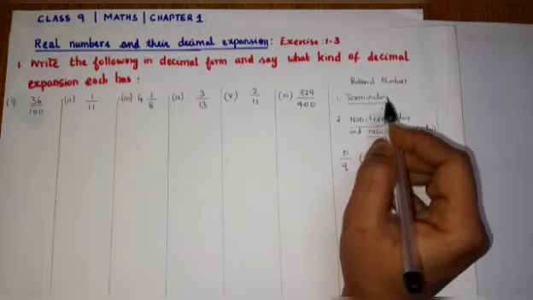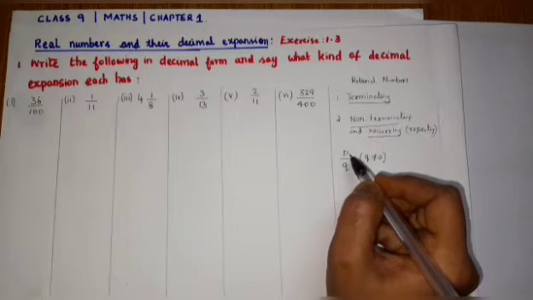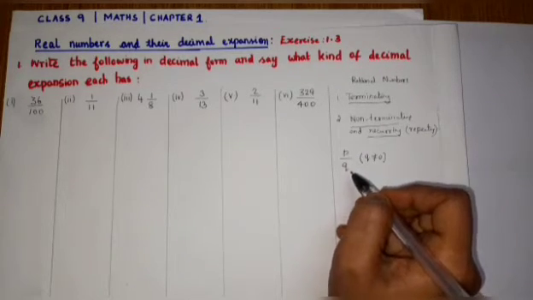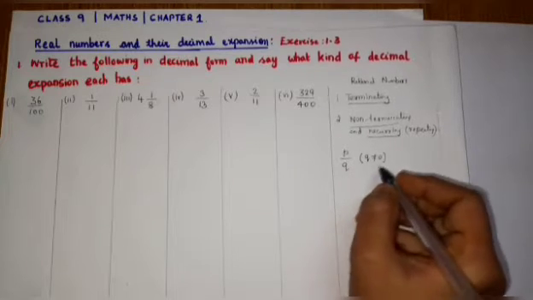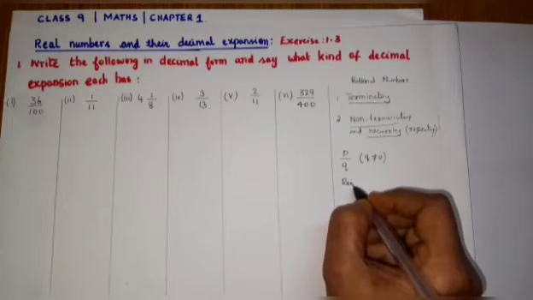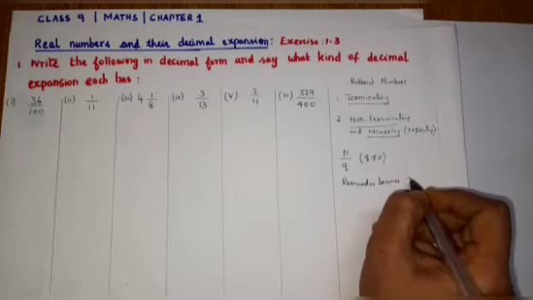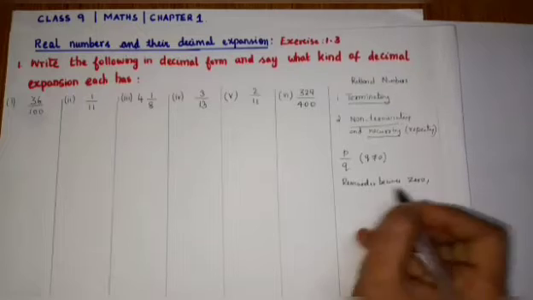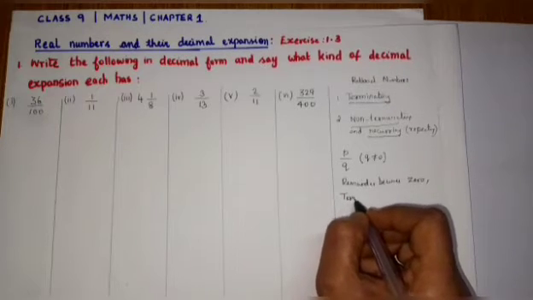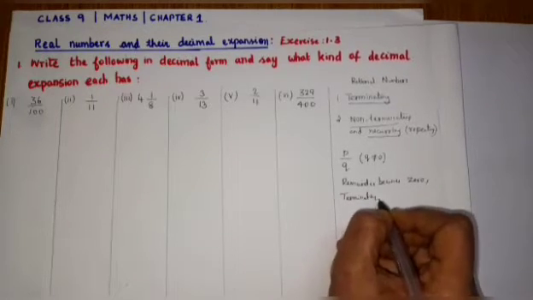Terminating is if you divide a number P by the number Q and the remainder becomes 0, then that number we call terminating.